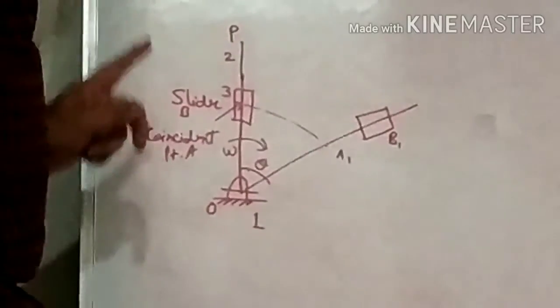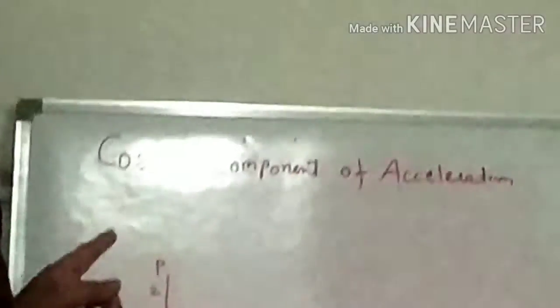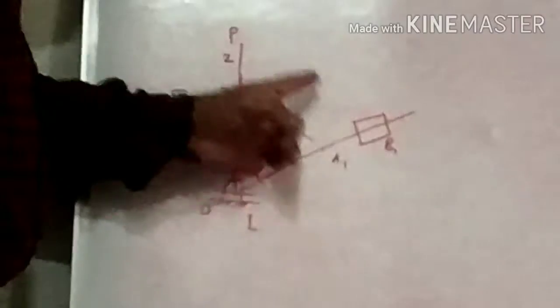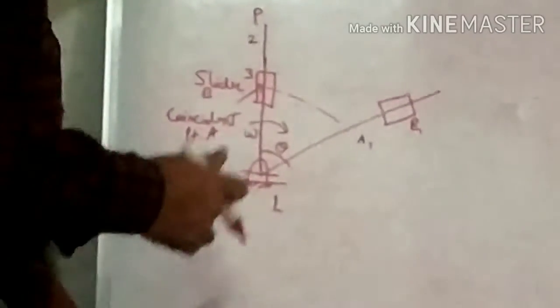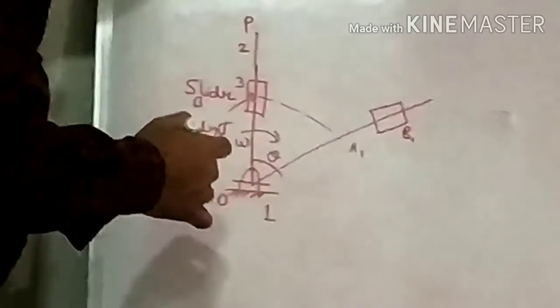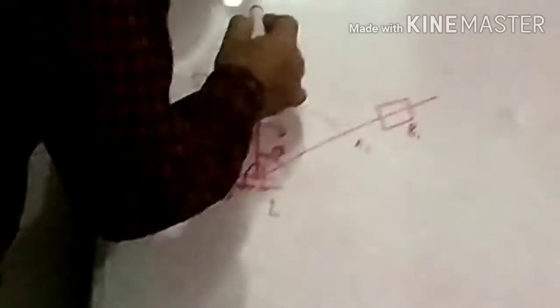The Coriolis component of acceleration comes into the picture when any slider is moving along a rotating link. In the previous section, we learned about a slider having reciprocating motion inside a fixed link. But here, link OP is not fixed; it has some rotary motion.